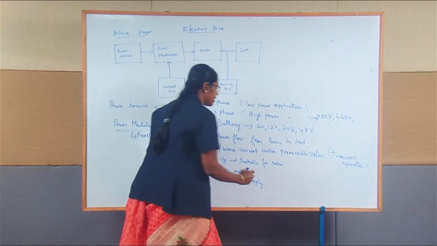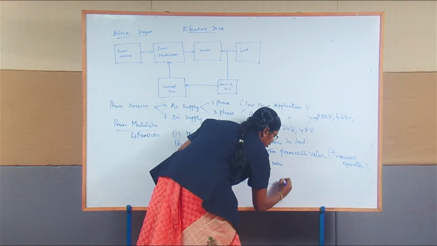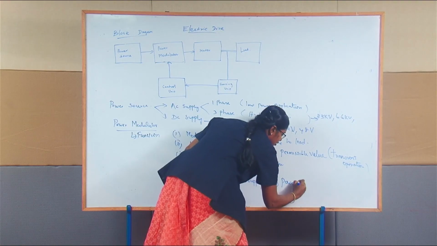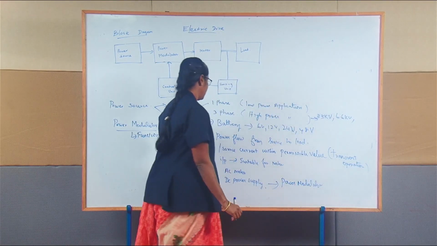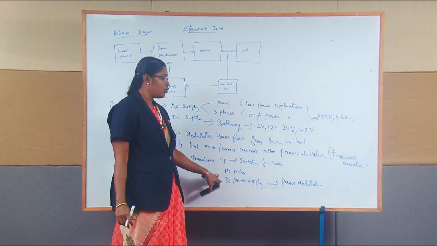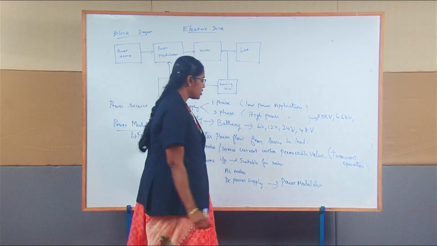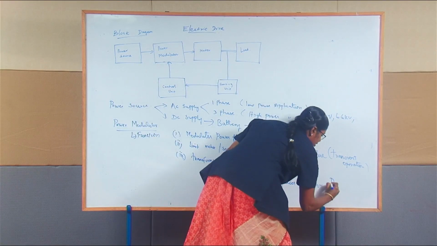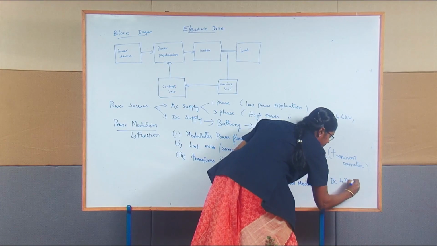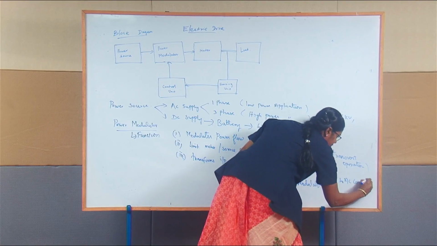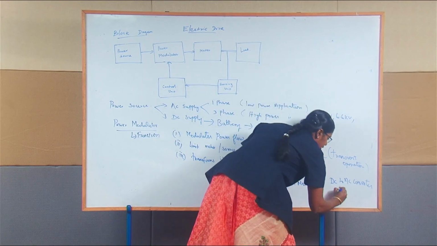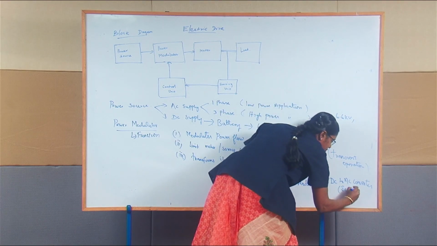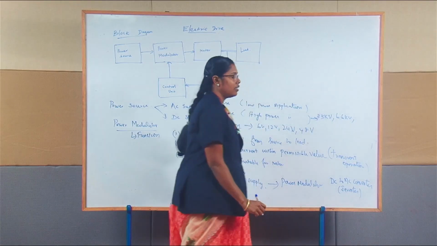So in this case, in the power modulator block, I need to choose a converter which converts DC into AC, a DC to AC converter. So DC to AC converter is nothing but an inverter block. Right?